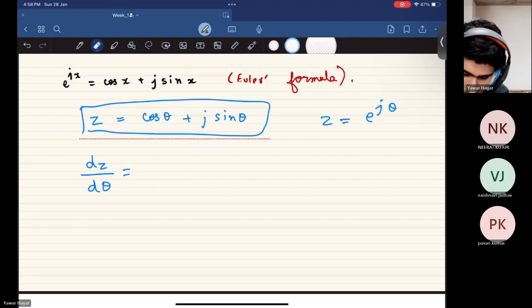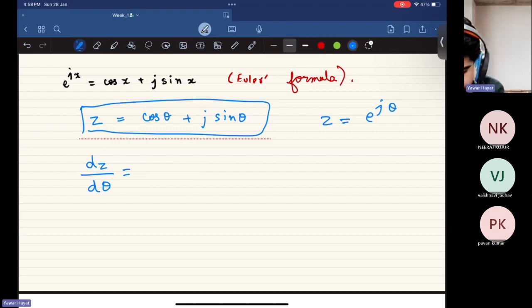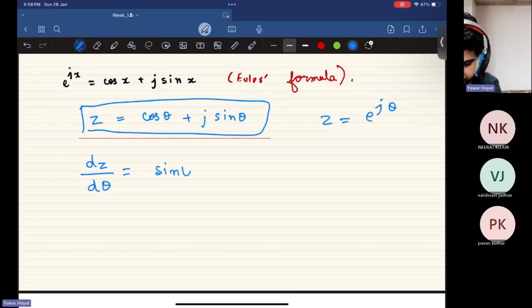What is the derivative of cos theta? It's actually minus sin theta, right? And the derivative of sin theta is cos theta, right?